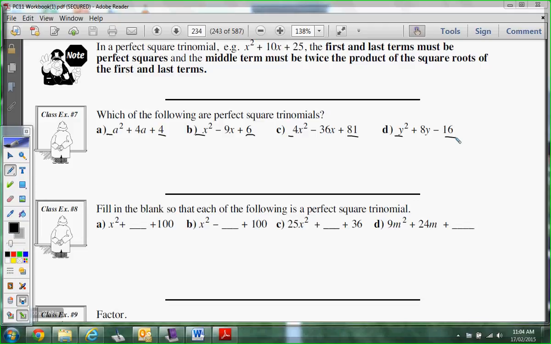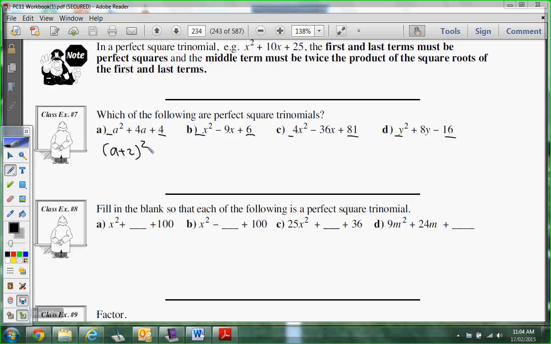Okay? So for example, is 1 a perfect square? Yes. Is 4 a perfect square? Yes. So this one we can think, yeah, this could be possible. A plus 2 squared is a possibility. A squared is a squared, 2 squared is 4, so we have those checked.